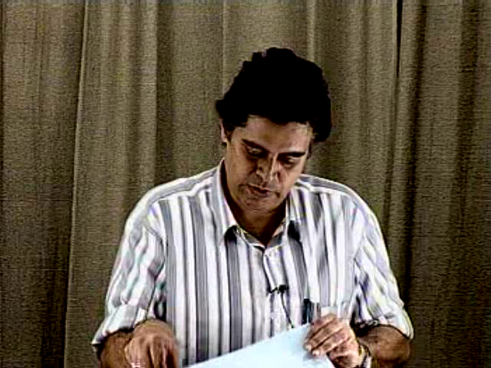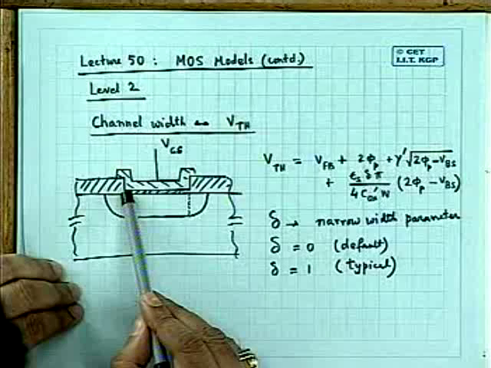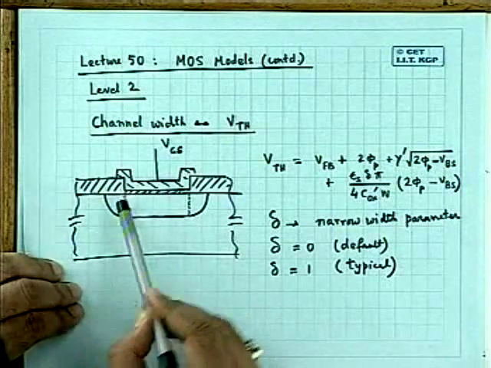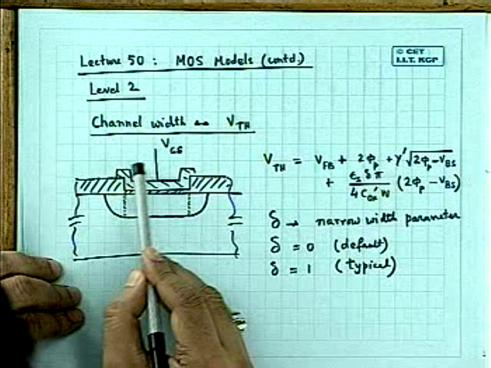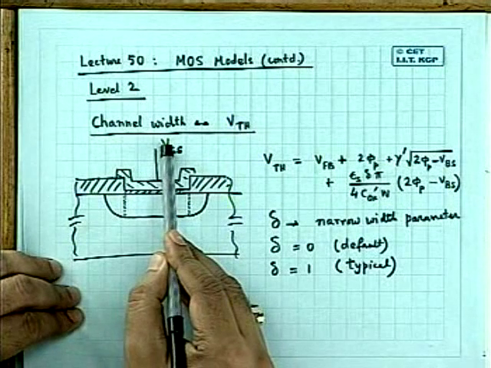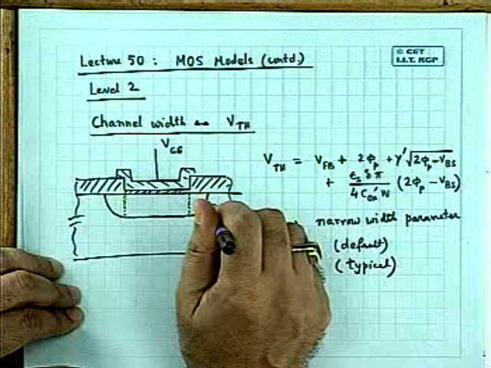Outside that, the gate oxide thickness is T field, thickness of the field oxide. Okay? So COX dashed multiplied by WL effective means it is the capacitance of this so-called rectangular gate oxide region. But there is some overlap here and here. So between the gate electrode and the substrate, there is an overlap along the channel length on either side, this side and that side.